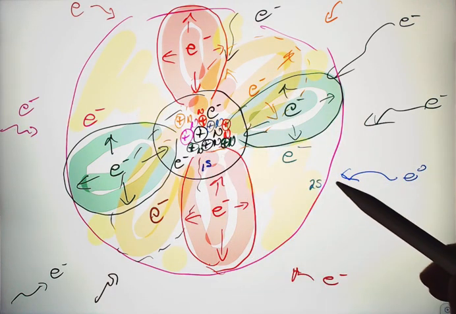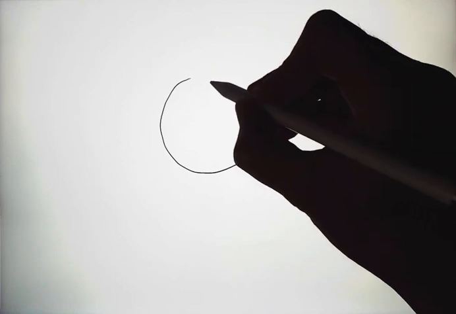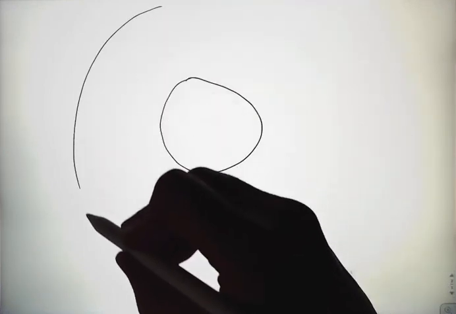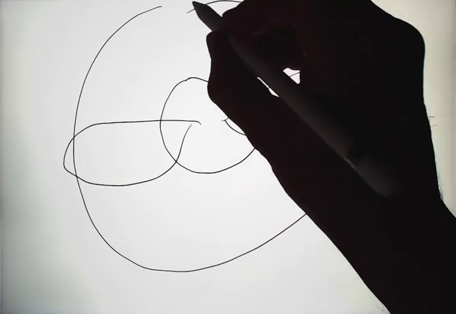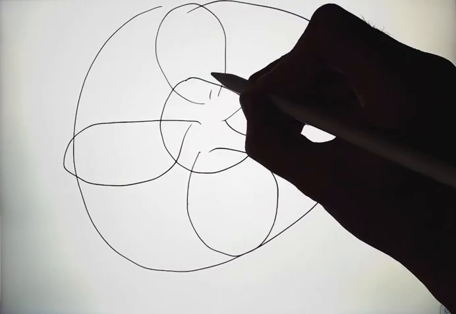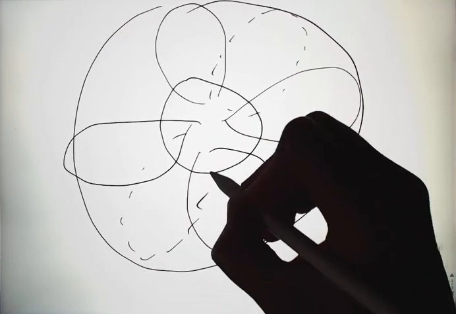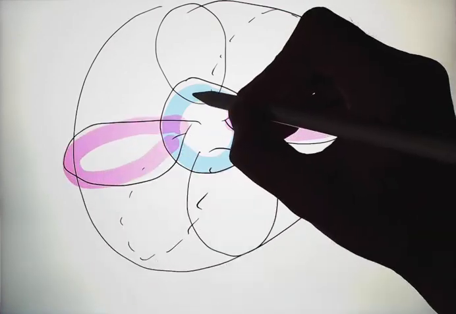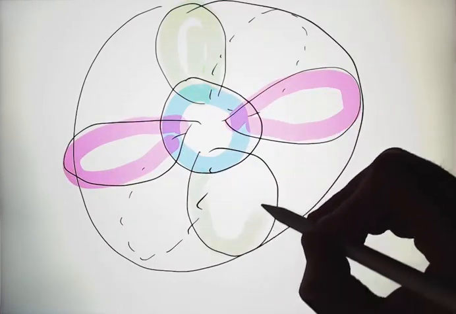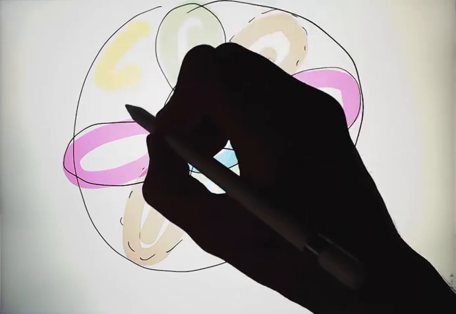This turns out to be a very stable arrangement of electrons. I'm going to redraw it to make that point about stability. Here's our innermost shell, the 1s, the 2s, one of those p orbitals, another one, another p orbital, and then one coming out and one going under. So here's the innermost orbital. Here's one of the p orbitals. Here's another p orbital with a pair of electrons, and finally the 2s.